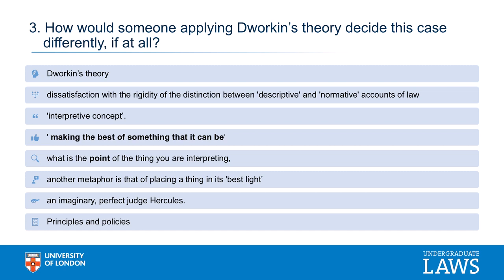The justification for particular applications of statutes and the common law lies within more elaborately worked out theories or reasons. And Dworkin explores distinctions also in his theory between principles and policies. So you need to know all of this detail and see more detail in the relevant sections on the VLE.